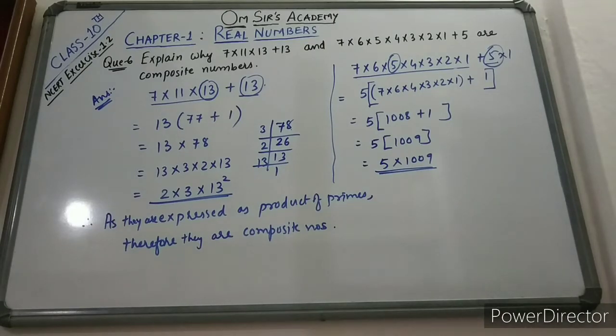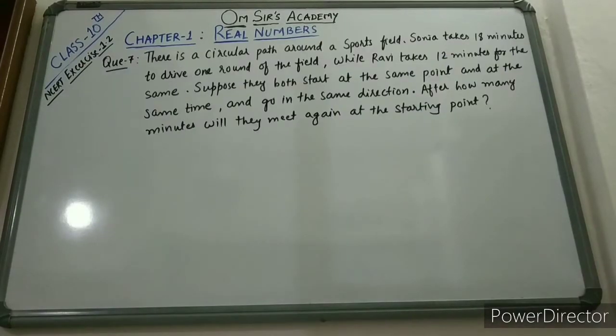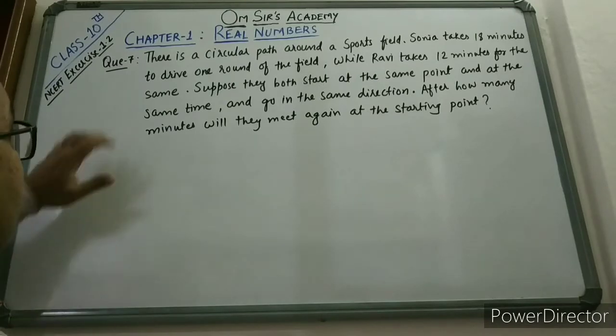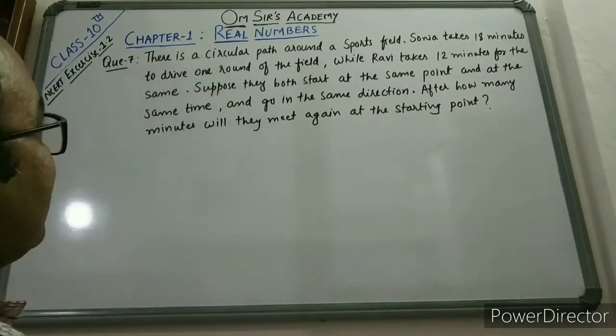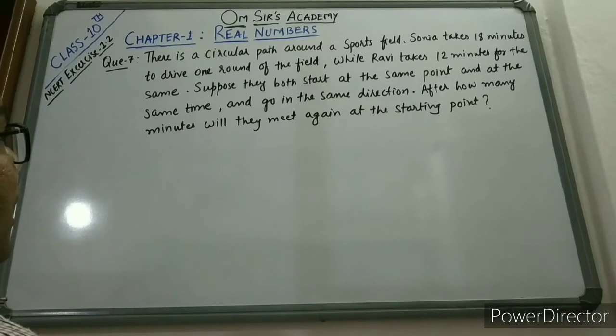Now we move to the next question, that is question number 7. This is the last question of this exercise, friends. It is a problem sum. So what does this say? There is a circular path around the sports field and Sonia takes 18 minutes to drive one round of the field.